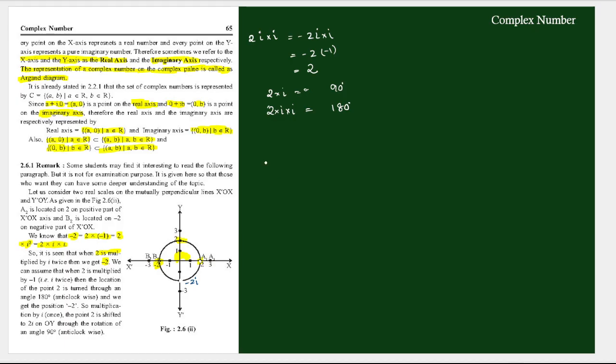Multiplying again, it will become 270 degrees. That means 0, 90, 180, 270. Then if you multiply 4 times, it will be 360 degrees. That means it will come back to its original position.